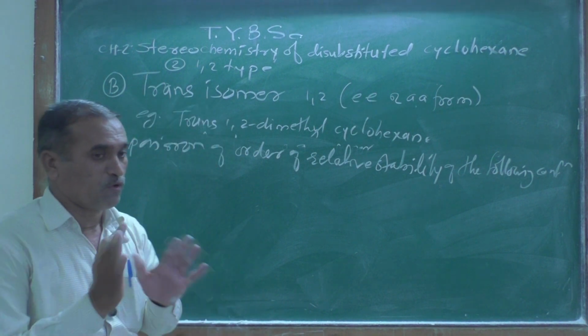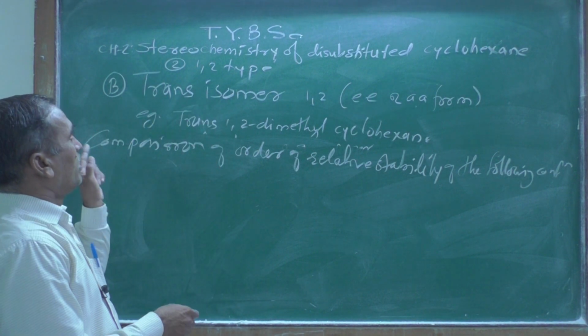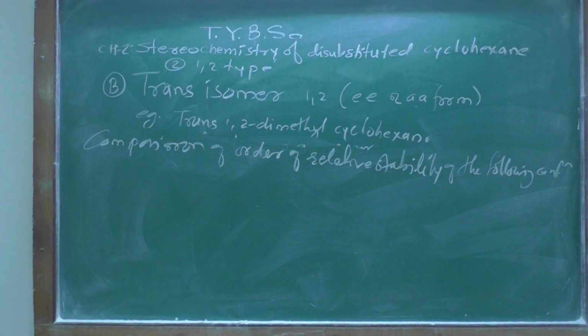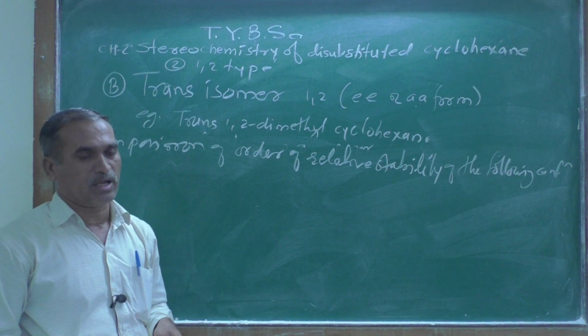Now so far in the case of the 1,2 type, we know that there are two geometrical isomers.